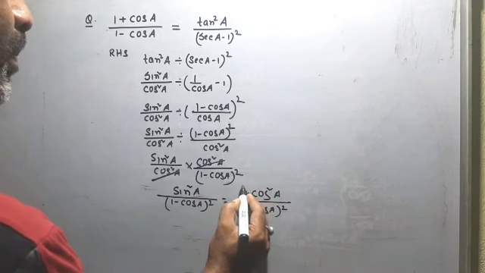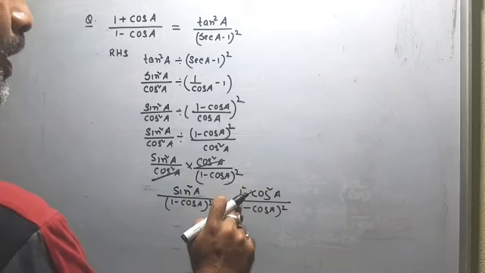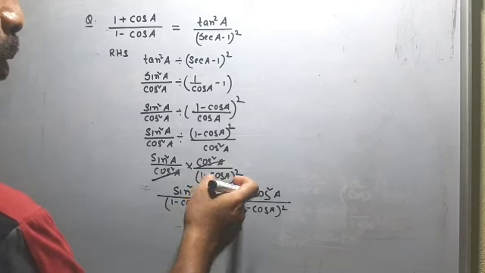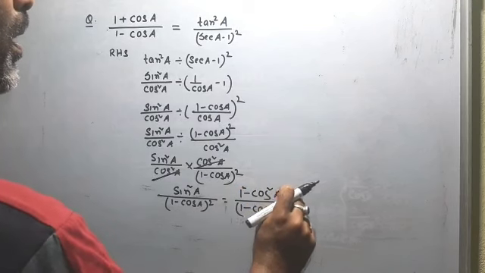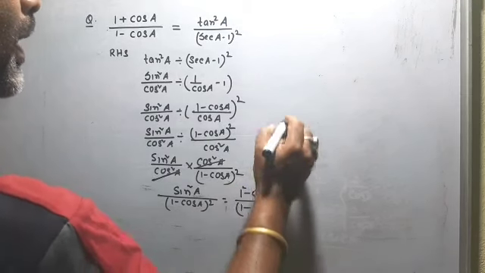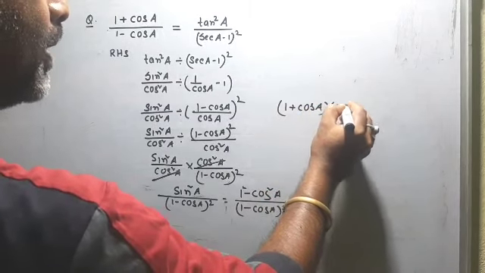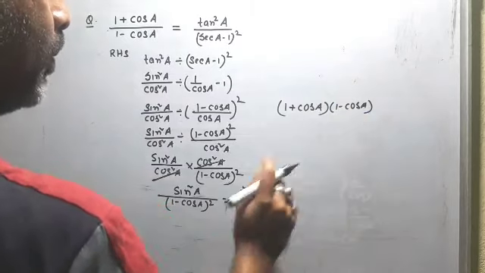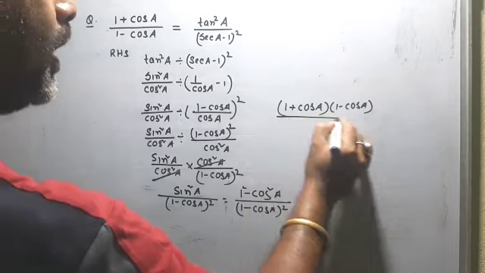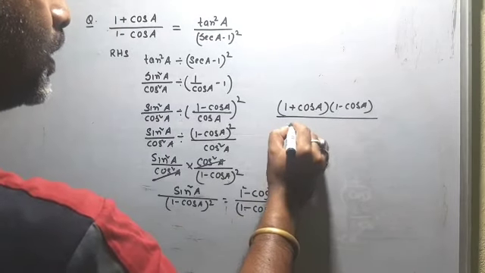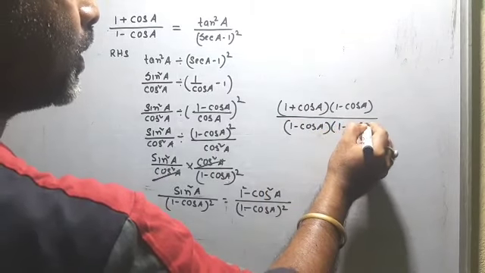1 minus cos square means 1 square minus cos square a, because 1 square is equal to 1, so this is a square minus b square form. 1 means 1 square, so 1 square you can write. So in place of 1 minus cos square a, we can write 1 plus cos a and 1 minus cos a, because 1 means 1 square we can take, so a square minus b square form, and here 1 minus cos a whole square, that means 1 minus cos a 2 times.